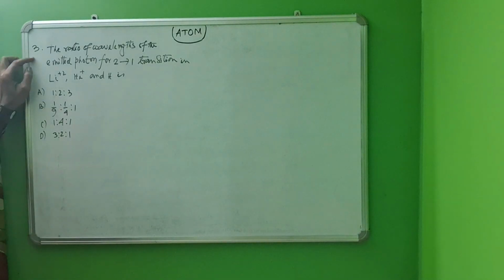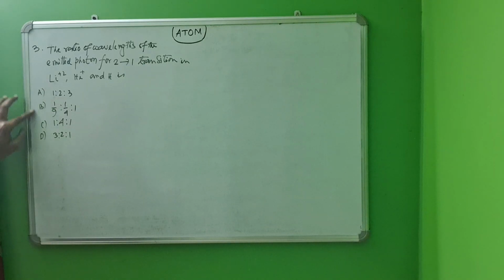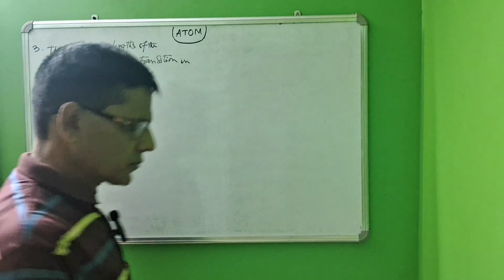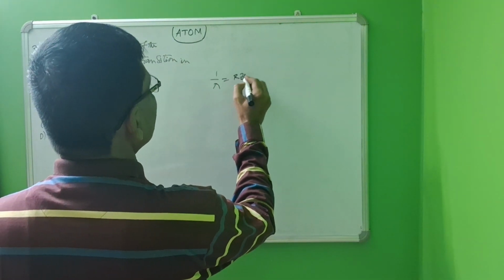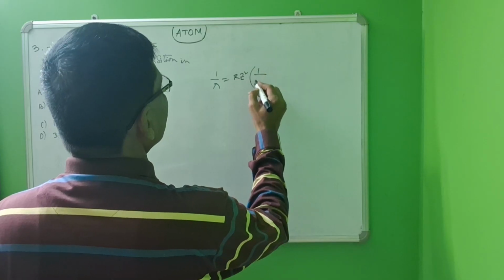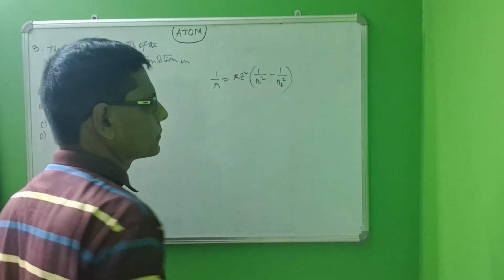The ratio of wavelengths of the emitted photon for the 2 to 1 transition in lithium plus 2, He plus and H is this. Four answers are given here. The standard equation for this problem is 1 by lambda equals R Z square, 1 by n1 square minus 1 by n2 square.